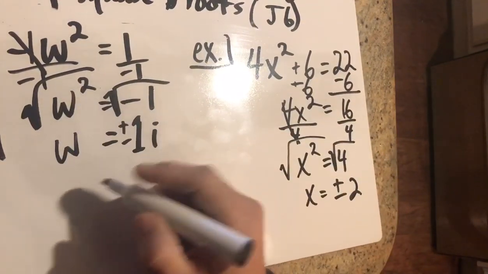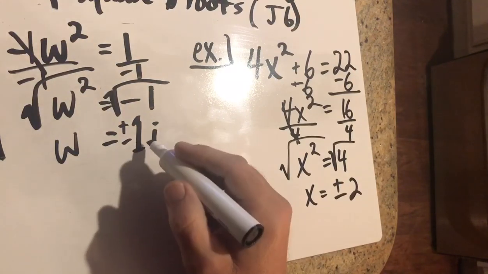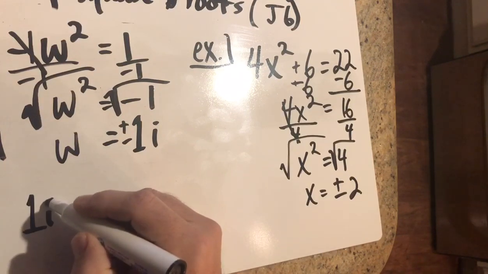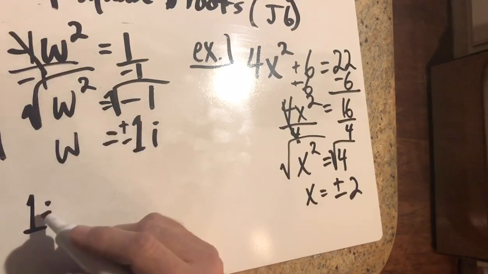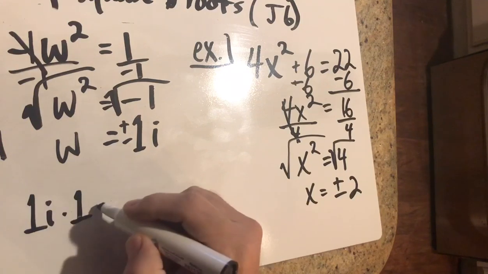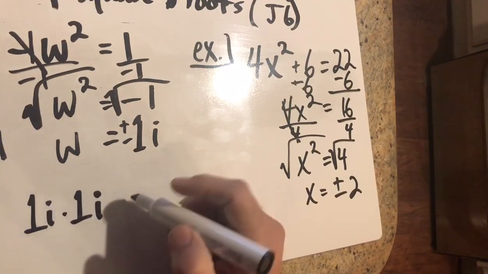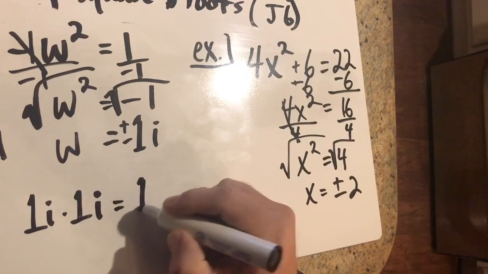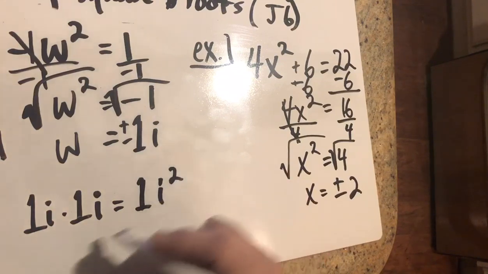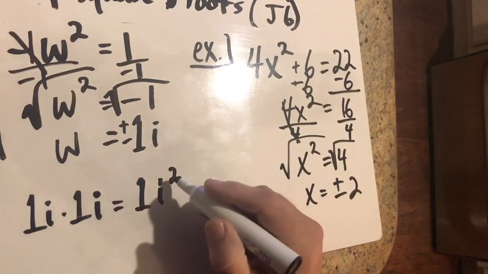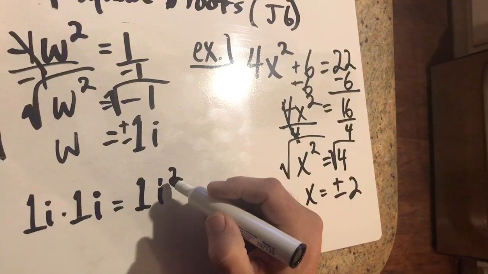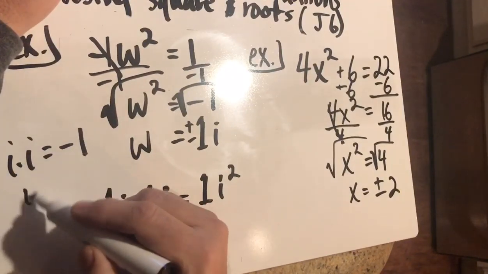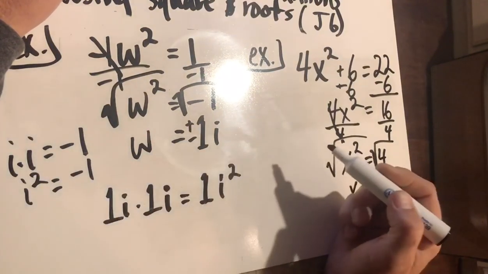Going back to this, one other thing I was thinking of. So if we have, let's say, in this example, you have 1i. What this is saying is that if you take 1i times 1i, you're going to get 1i squared. And going back to this, if you can see it, i times i is negative 1, so basically i squared equals negative 1.